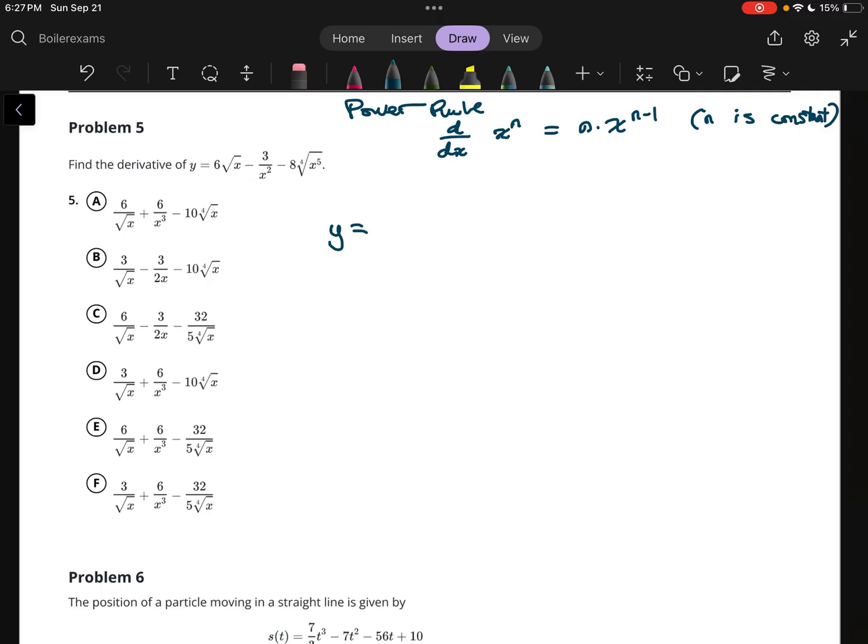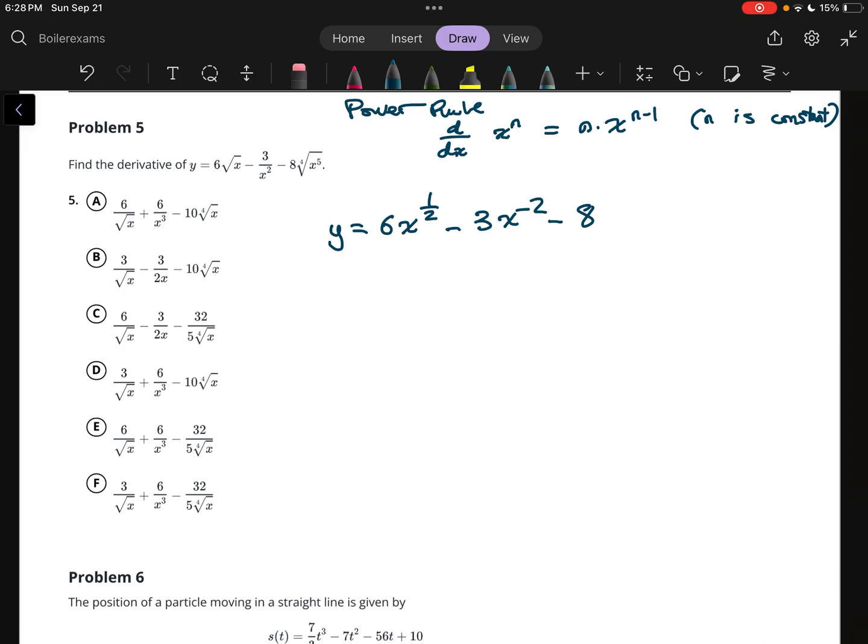So 6 times root x can be written as 6 times x to the power of 1/2, because taking something to the power of 1/2 is equivalent to taking its square root. Minus 3 over x squared can be rewritten as minus 3 times x to the power of -2.